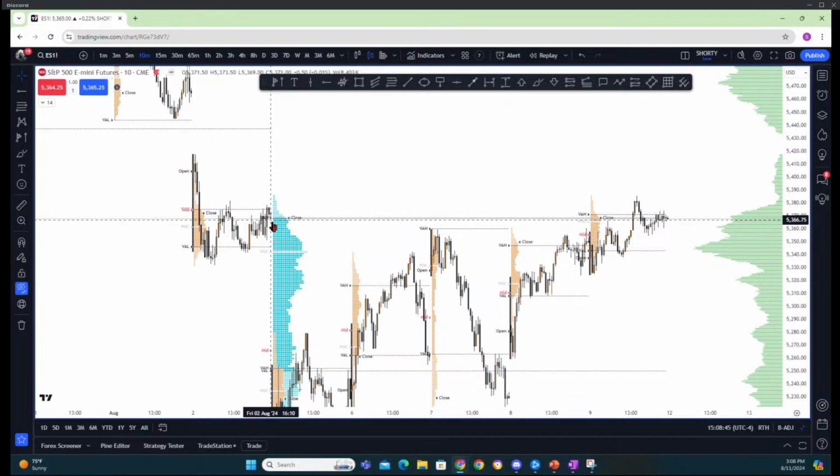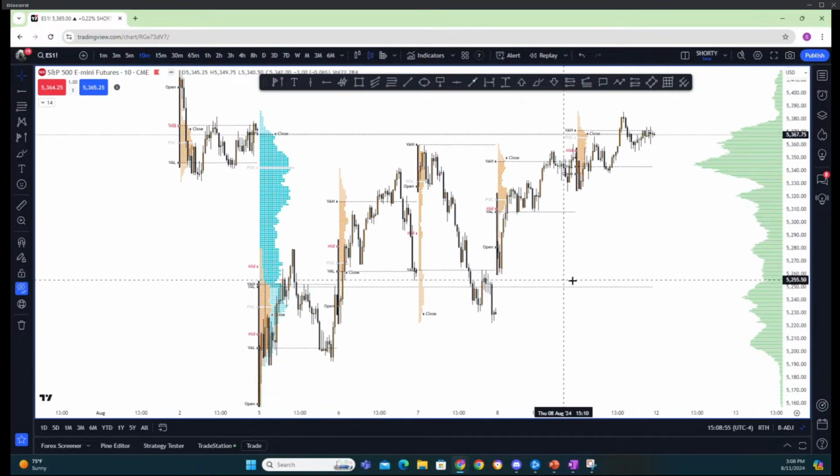Your value area high for the week is sitting right at June value area low, so you don't necessarily have to add a level. If you can't remember it, you can modify the text, but I can typically remember what this is. And then your value area low for the weekly is sitting at 52.50, slightly above year-to-date POC.